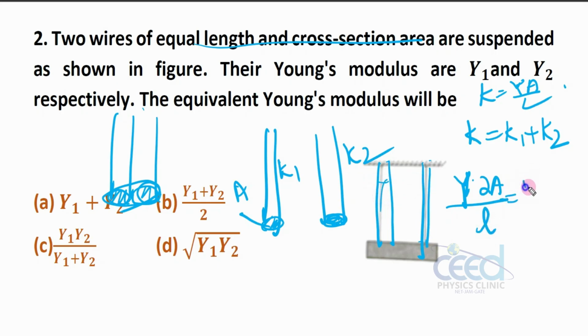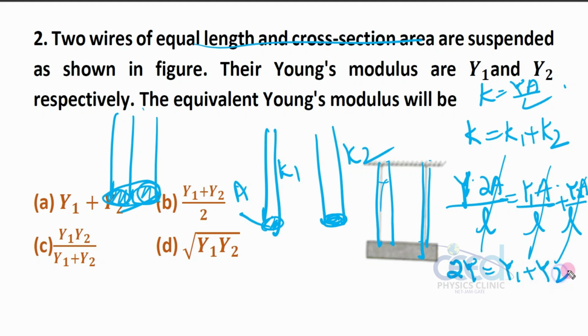Here K1 is Y1 A divided by L plus Y2 A divided by L. Now A by L cancels. 2Y is equal to Y1 plus Y2. So you may write Y is equal to (Y1 plus Y2) by 2.